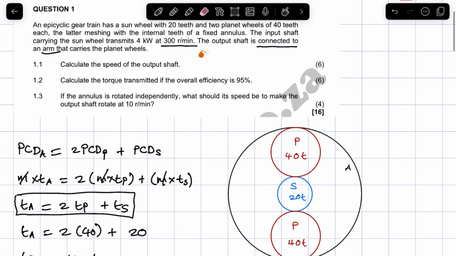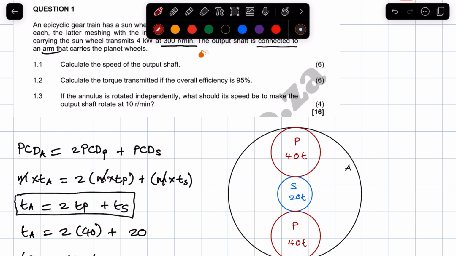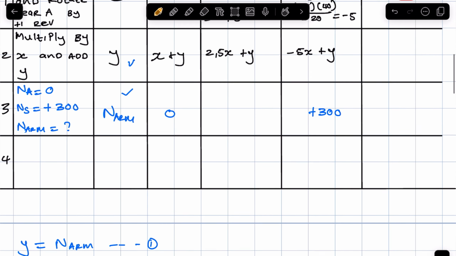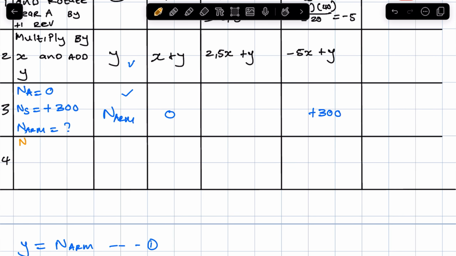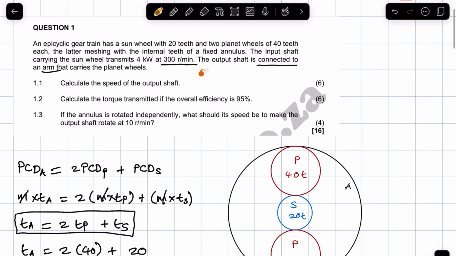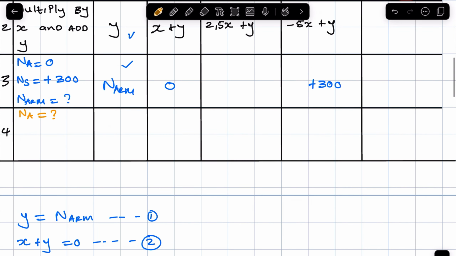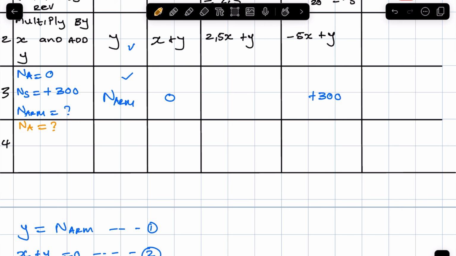So our fourth condition is we are looking for the rotational frequency of the annulus, right? The output shaft is rotating at 10 reps per minute. We know the output shaft is carrying the arm. So it means the arm is equal to what?